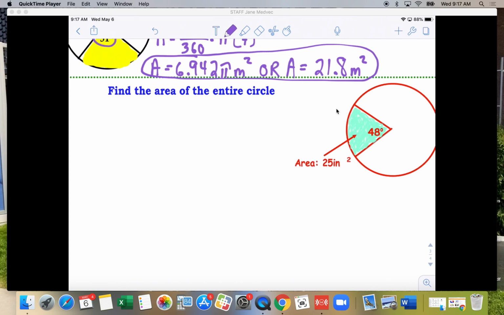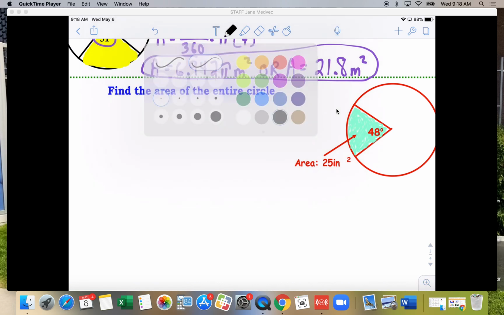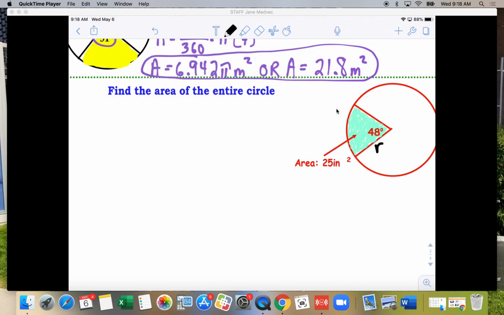So what we're trying to find on this problem is the radius. Because the area of the circle is pi r squared. It's the entire circle, and you're going to notice that I don't have r, and I don't have the area of the whole circle. This is the area of just the sector.